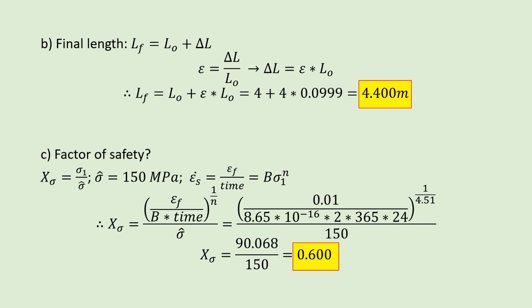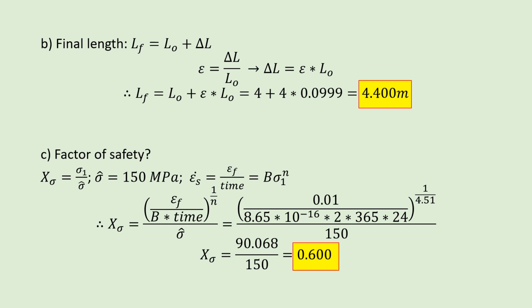So if we rearrange that, we find that the change in length is strain times initial length. Plug that into our equation, and what we find is that the final length is 4.4 meters. So this bar has extended about 400 millimeters over a 2-year period, and so that's quite a lot of deformation to occur.